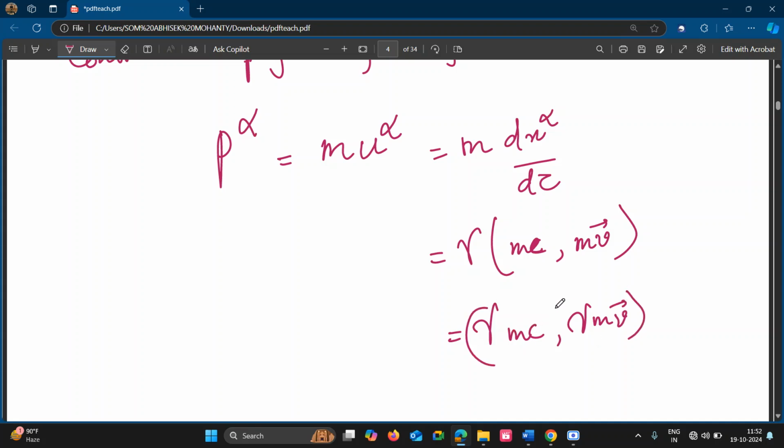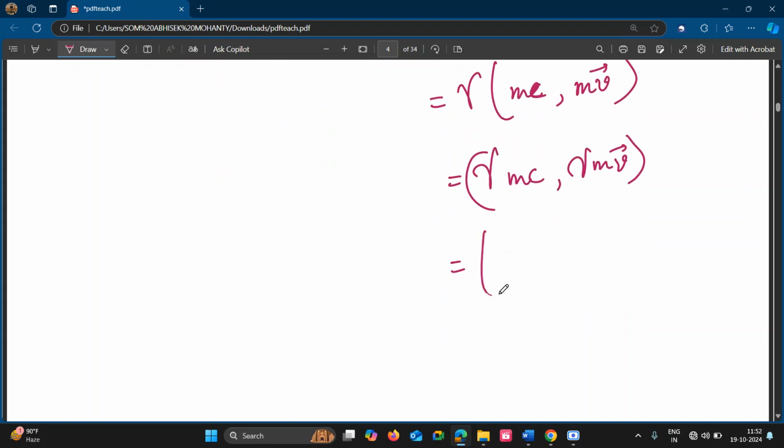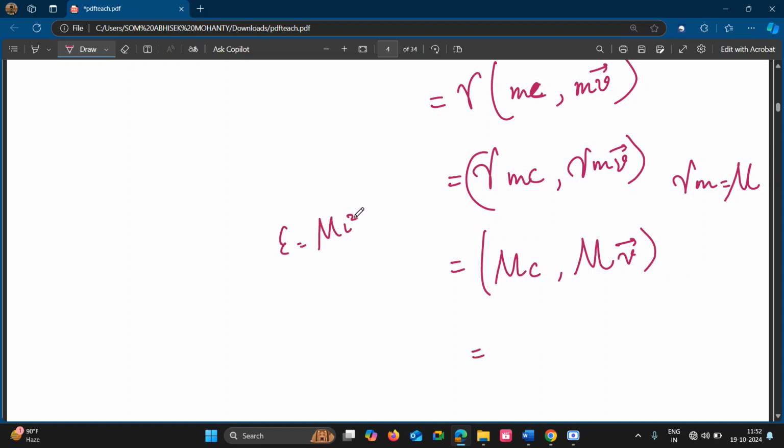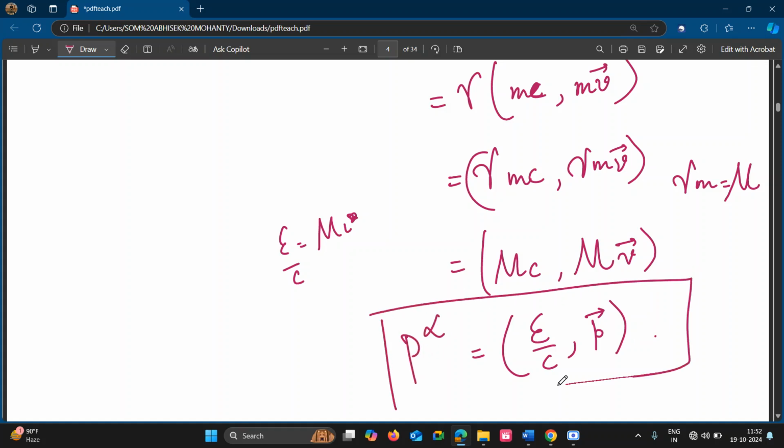So this gamma into m I can write in a capital M fashion, like Mc. We know E is equal to Mc square, so Mc can be written as E by c. See, temporal component is proportional to the total relativistic energy E, and Mv can be simply your momentum vector. So this is your p alpha.